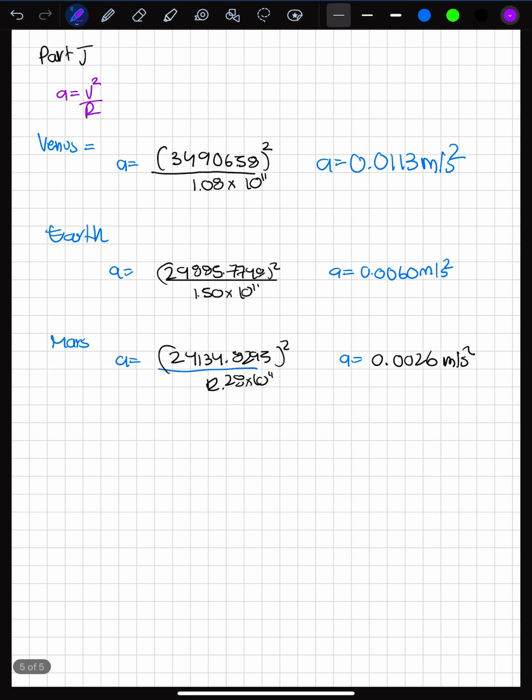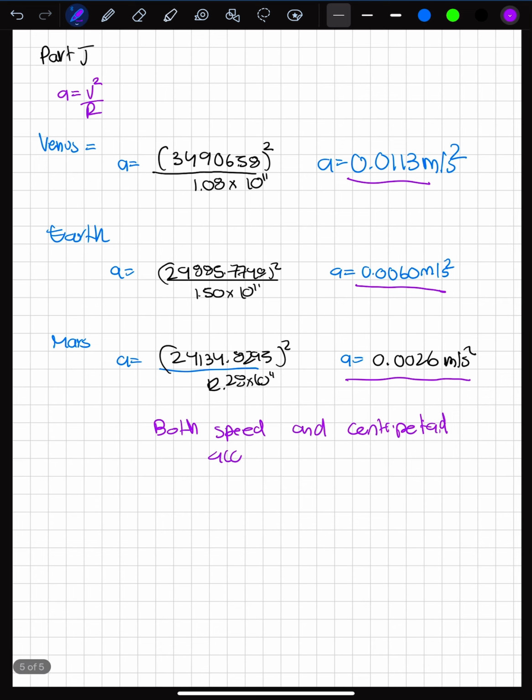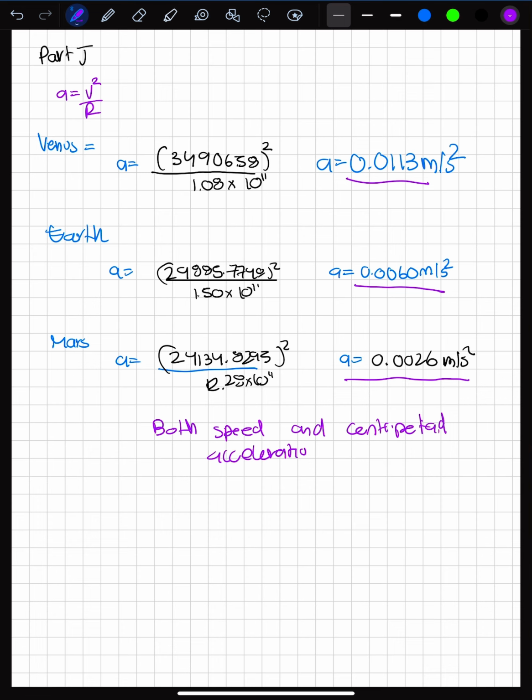And then let's look at our centripetal acceleration. We go from 0.0113 meters per second squared, then to a smaller number, and then to an even smaller number. So that means that both the speed and centripetal acceleration are decreasing.